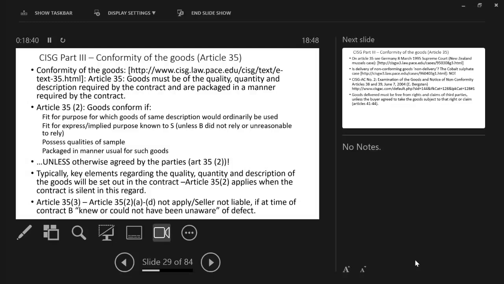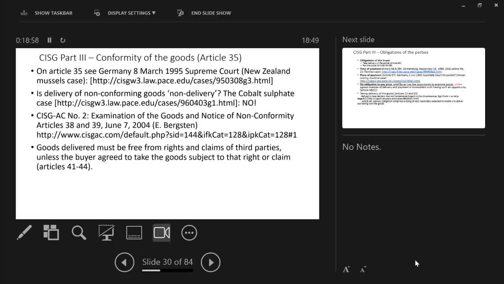Goods conform if they are fit for purpose for which goods of the same description would ordinarily be used, unless there is an agreement otherwise. Typically, key elements will be set out in the contract.